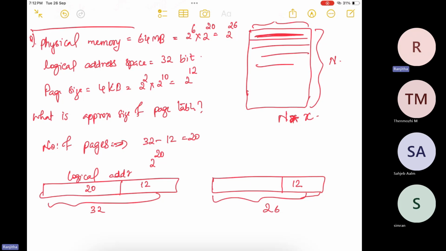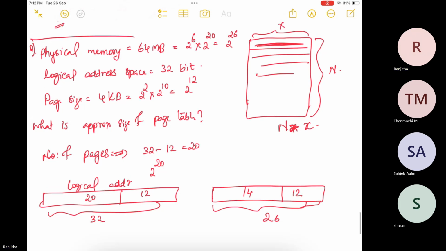So what will be 26 minus 12? How much is 26 minus 12? This is 14, right? So in the page table, every entry will be 14 bits.